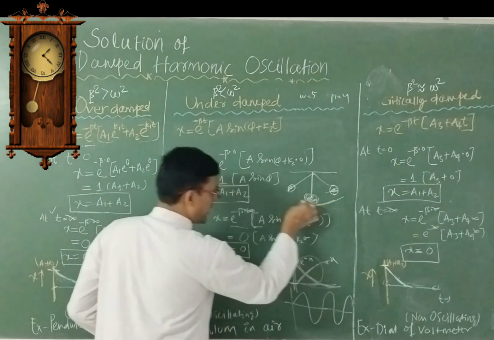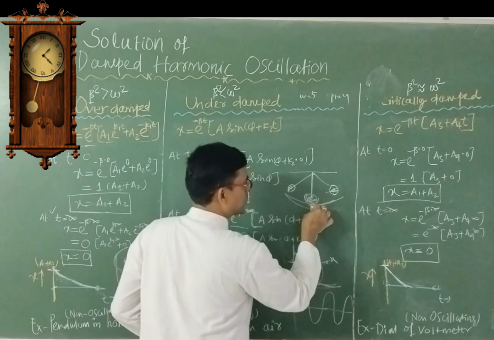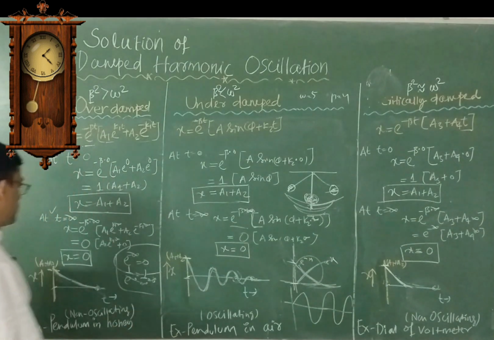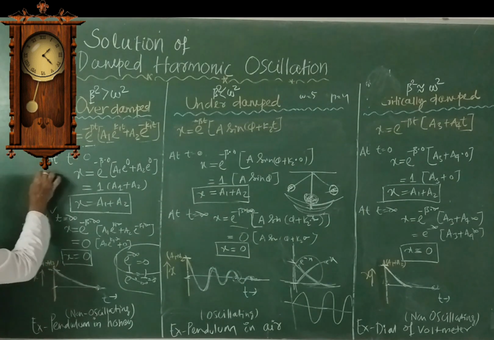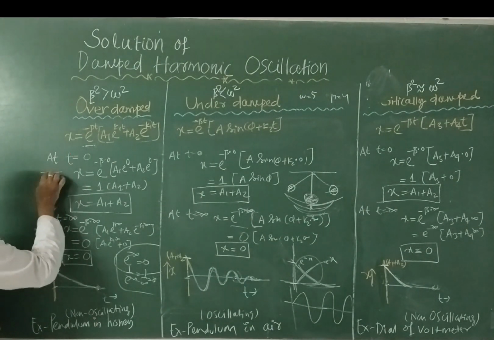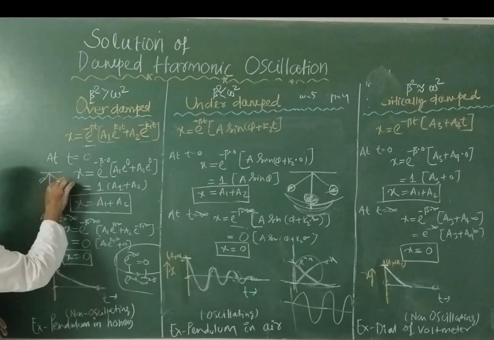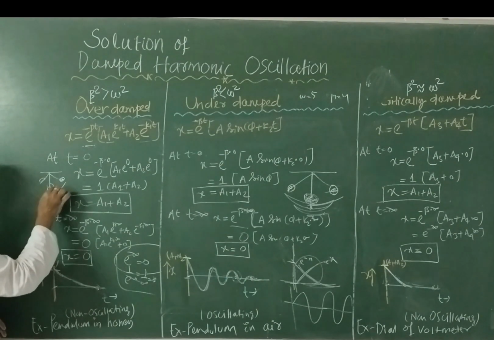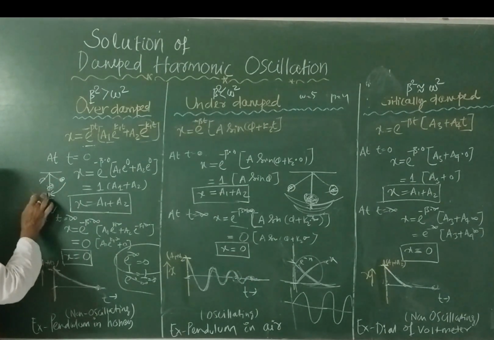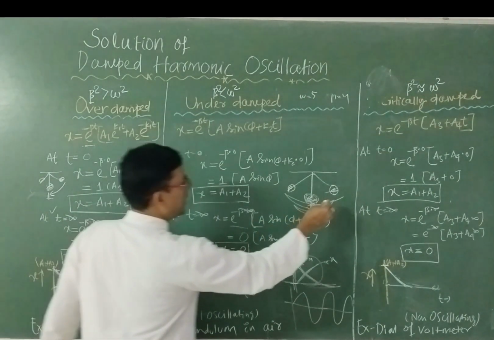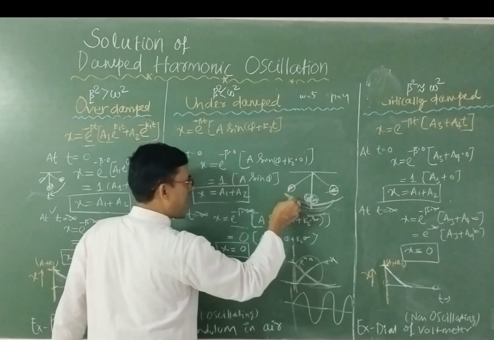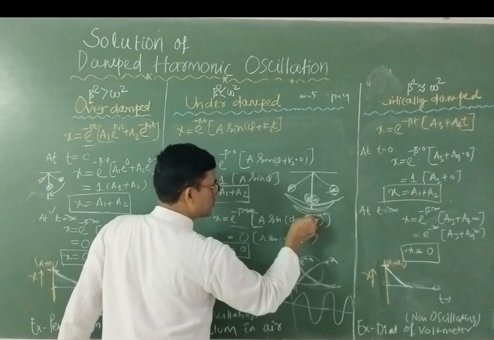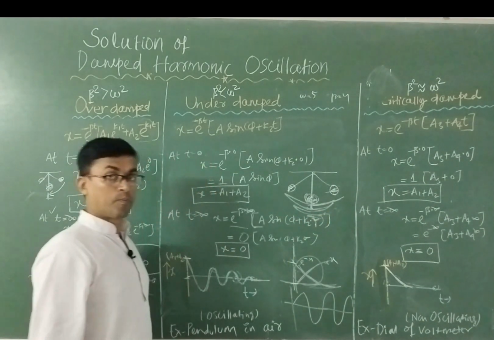Therefore, it again goes back, again comes to the mean position, again goes back, and gradually it comes to zero. But in the honey case, the pendulum comes to the mean position and takes rest here. It won't go to the other extreme. Here, due to the air medium, the displacement comes back, goes to the other side, and in this way it attains zero.